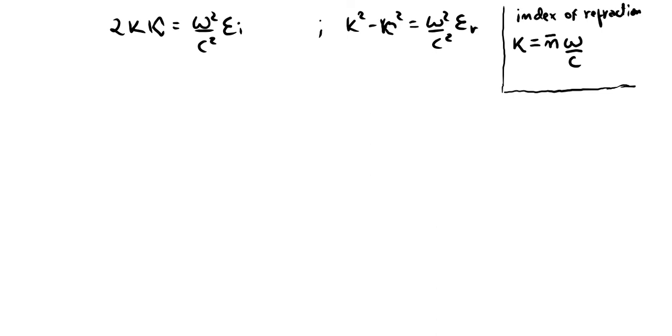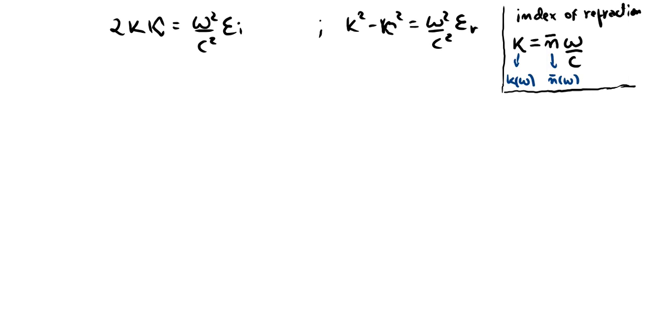So now I'm saying that k is a function of omega. In the end, this k of omega will also lead to an index of refraction that depends on the frequency of light, right? Which is something that we know actually. We know that the index of refraction depends on the color or the frequency of the light.